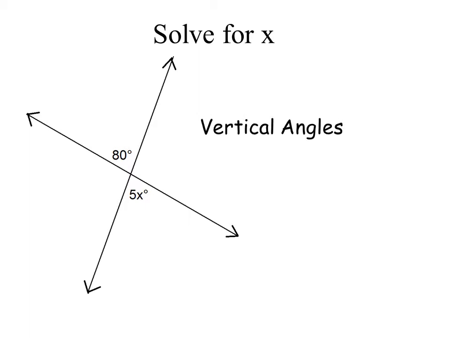And I know that vertical angles are congruent to each other, so I can write an equation that would say 5x has to equal 80. And now all I have to do is divide by 5, and I can solve for x, and I know that x is 16. If I plug 16 back into the 5x expression, it would equal 80, proving that those two angles are congruent.